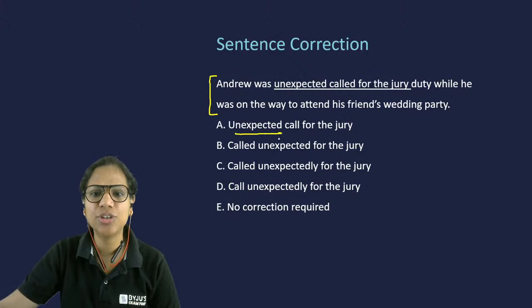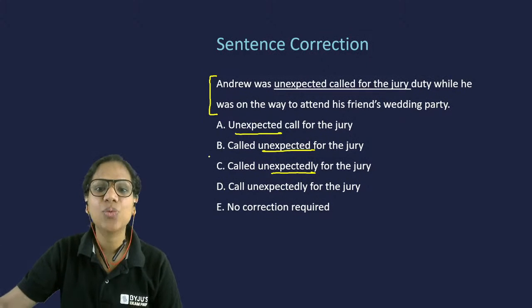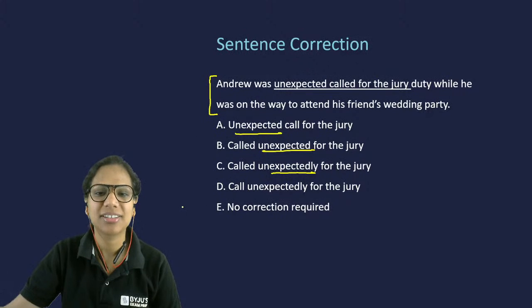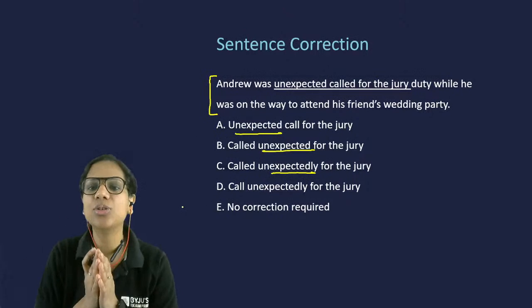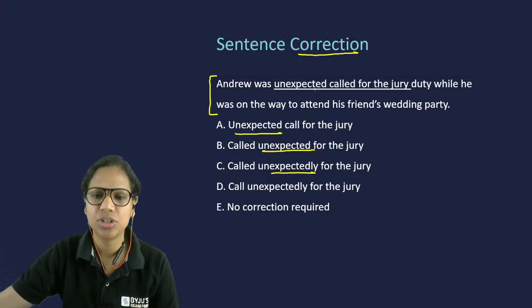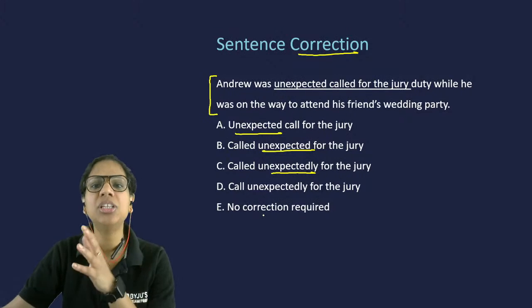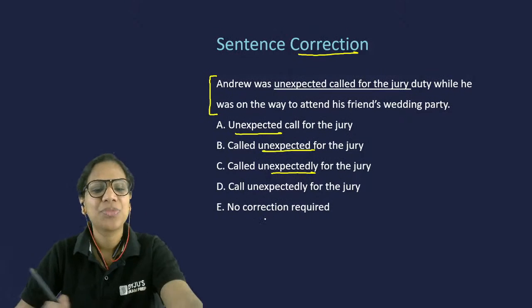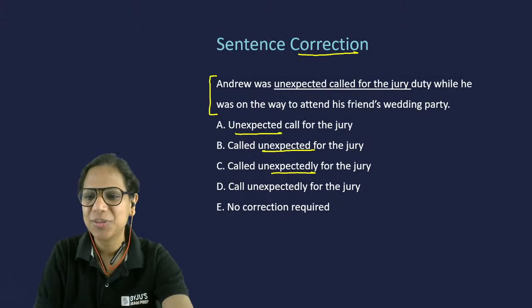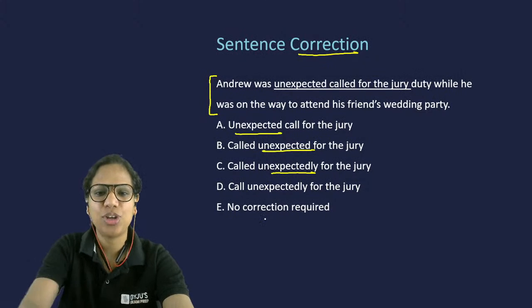So as you can see here, we have unexpected, but here we have unexpectedly. So when you read vertically, you're able to spot differences, which helps you in elimination, right? So this is how you attempt a sentence correction question where the whole of the sentence is repeated multiple times or a part of it is repeated multiple times with differences, right? So let's see what you say here. All right, waiting for your response.